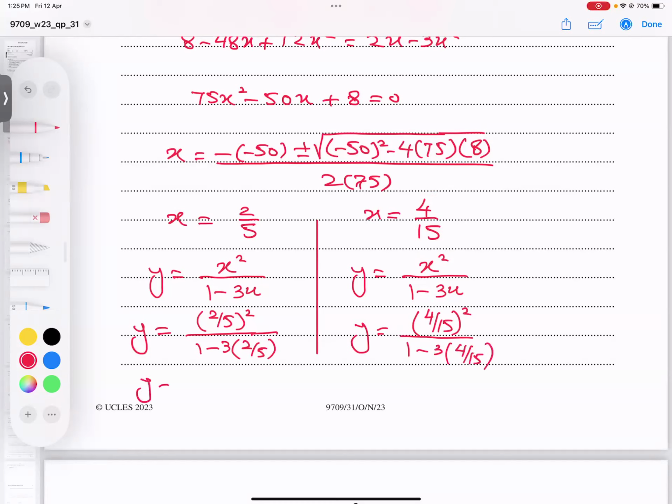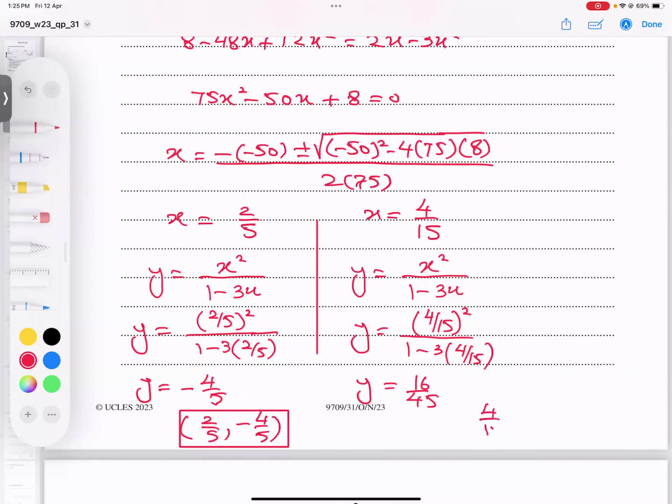And when you type in the calculator, the upper number we get is negative 4 over 5, and the right-hand side value we get after typing is 16 over 45. So we got our coordinates, x this, y this. So 2 over 5, negative 4 over 5 is the first answer.